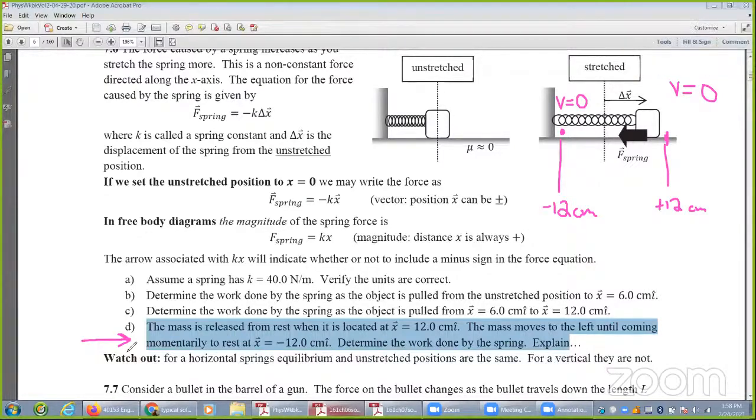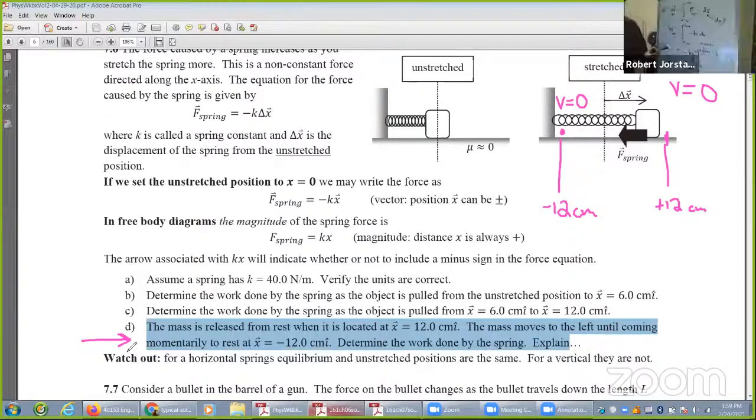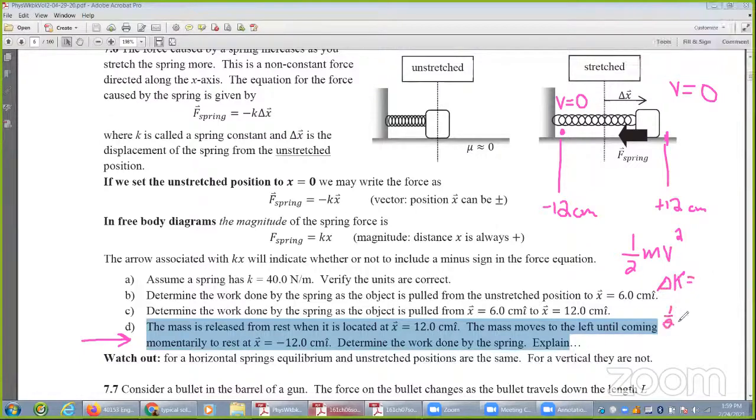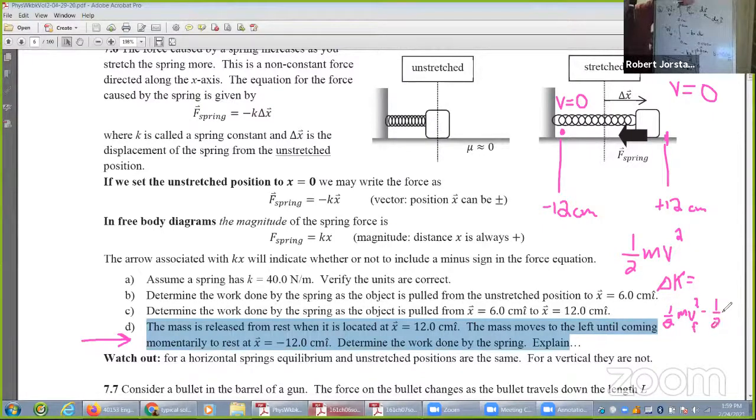0. What's the change in kinetic energy? What's its initial kinetic energy? Remember, the kinetic energy formula is 1/2 mv squared, and the change in kinetic energy would equal 1/2 mv squared final minus 1/2 mv squared initial.